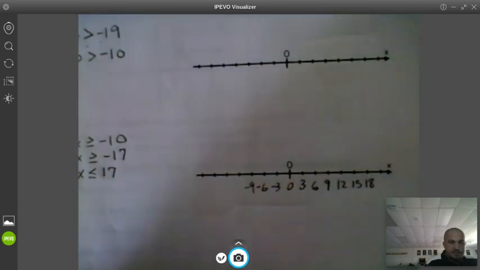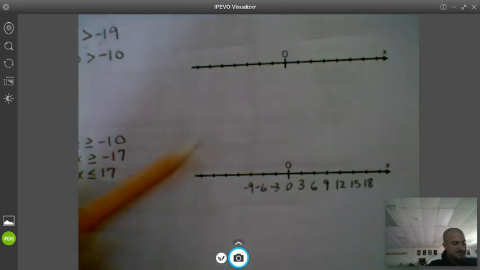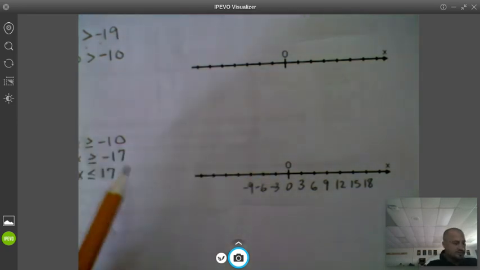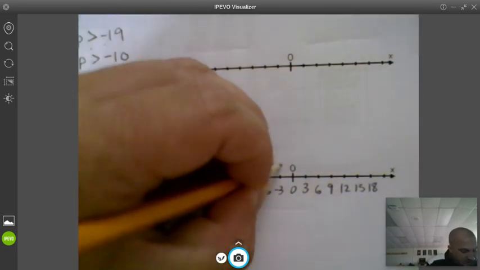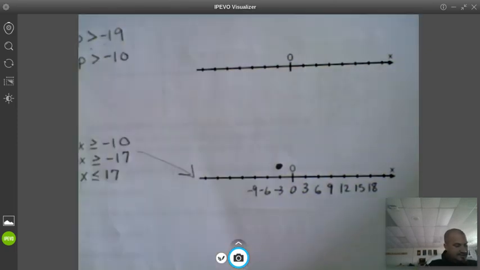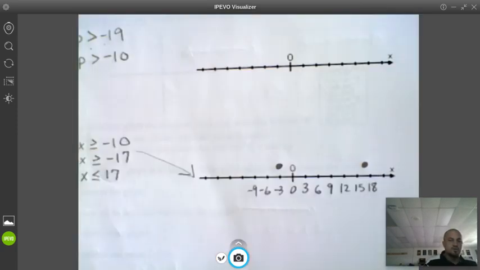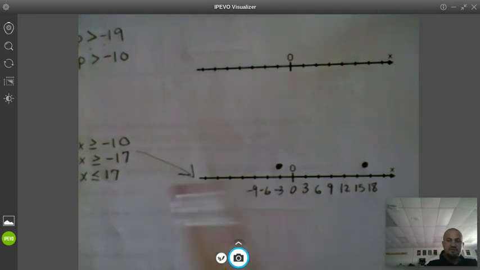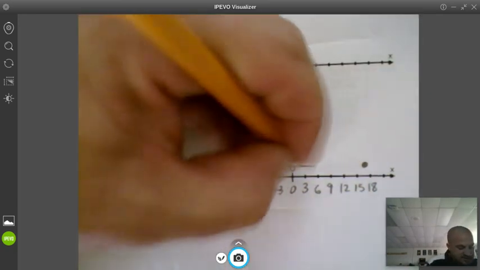I would go right here. Sorry, I made this on this graph, so I'll have to show that this goes down here. So I go to negative 3, make a closed circle. Less than or equal to 17, I go to where 17 would be, make a closed circle. It's to the left of 17 and to the right of negative 3, so I'm shaded in the middle.